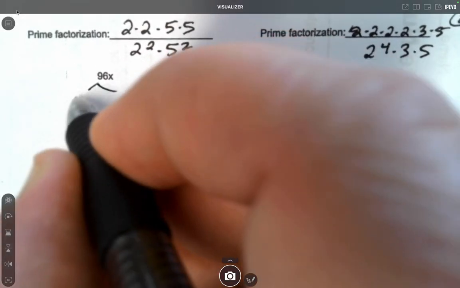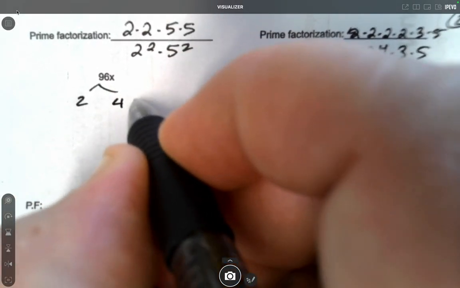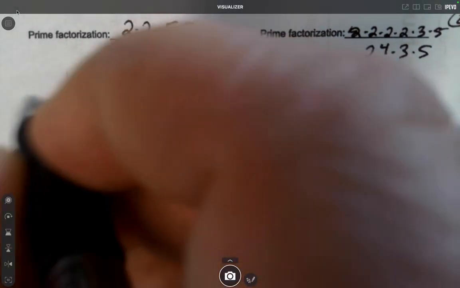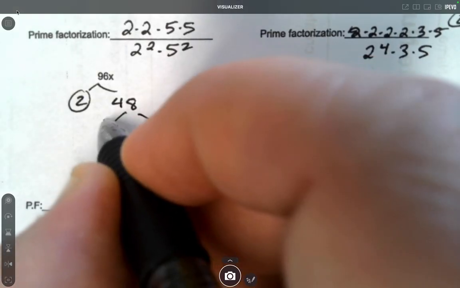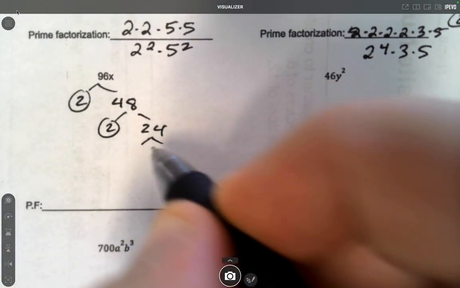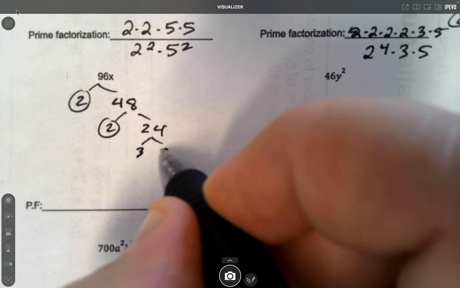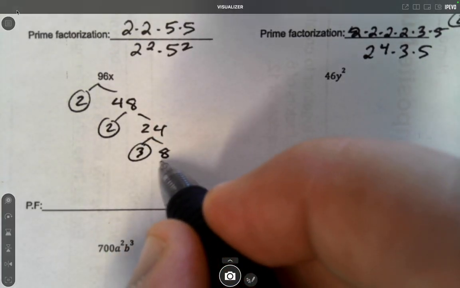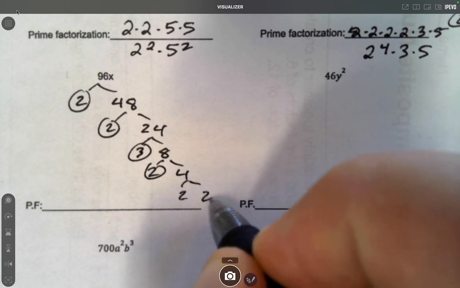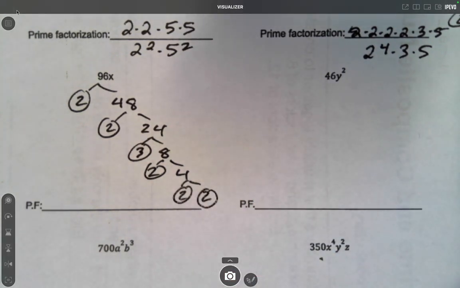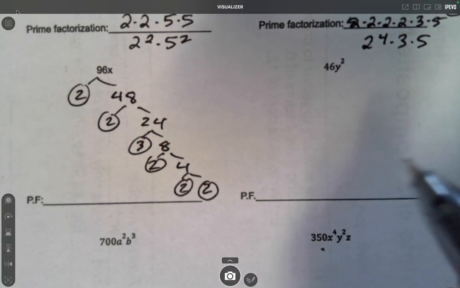So 96, that's the same as 2 times 48. 2's prime. 48 is 2 times 24. 2's prime. 24 is 3 times 8. 3's prime. 8 is 2 and 4. 2's prime. And 4 is 2 and 2. So we got a lot of 2's.